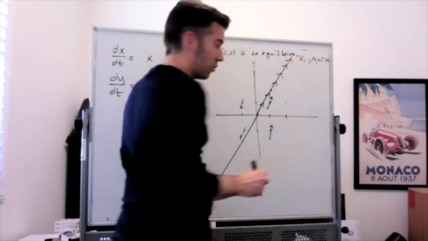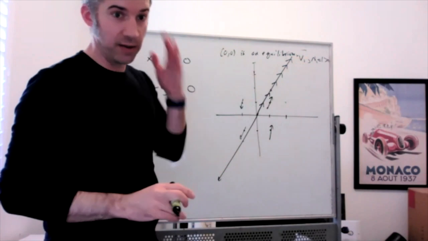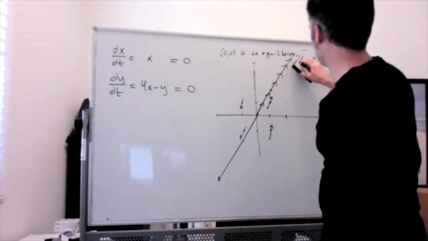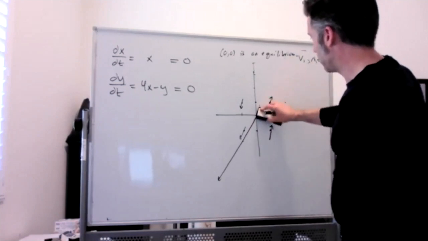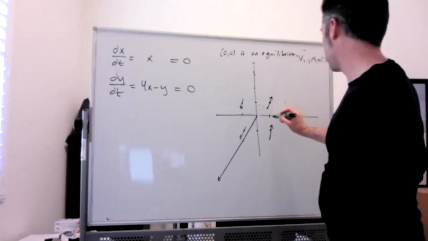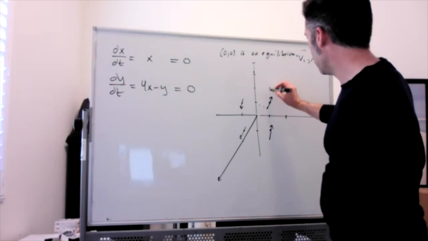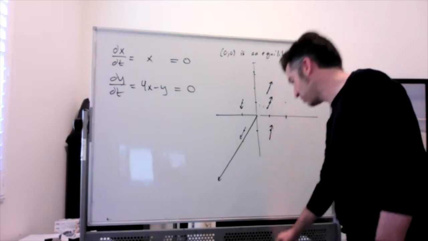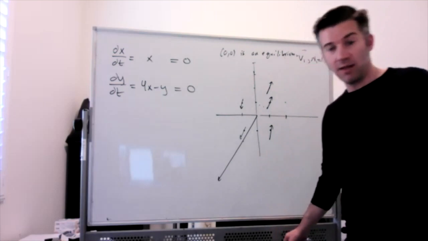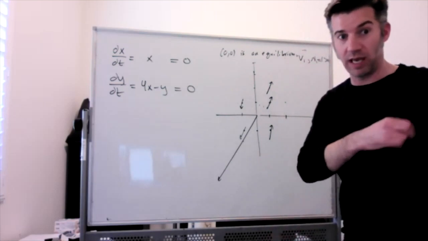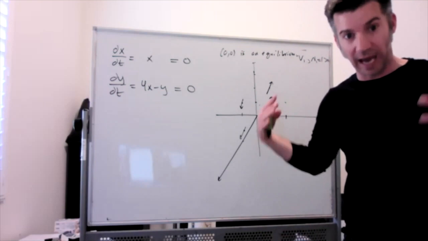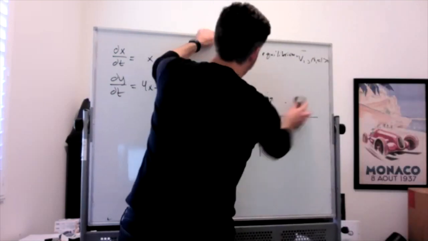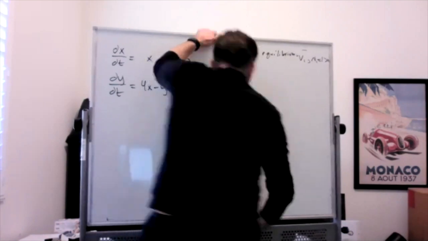In fact, if I was drawing the phase plane, I would have an arrow right over here at the point 1, 2 going exactly in that direction. So basically, on the eigenline, the phase plane arrows go in the direction of the eigenline. I feel like my picture's kind of falling apart here, so I'm trying to make this look a little bit nicer.